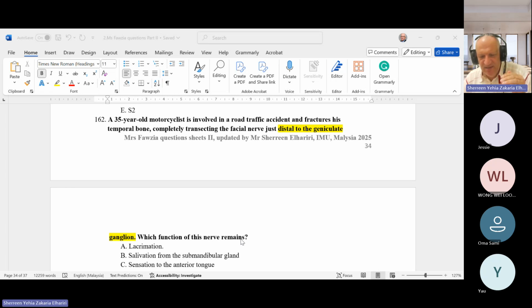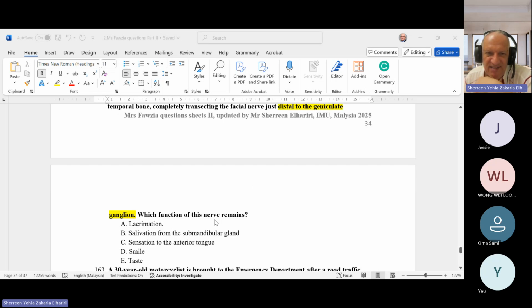So it is distal to the geniculate ganglion, which means they still have only one function. The distal branches, like facial movement, taste, and salivary gland function, are all gone. The only branch saved is the greater petrosal nerve because it is proximal, so lacrimation is still preserved.